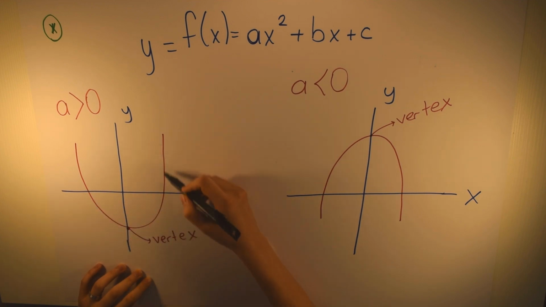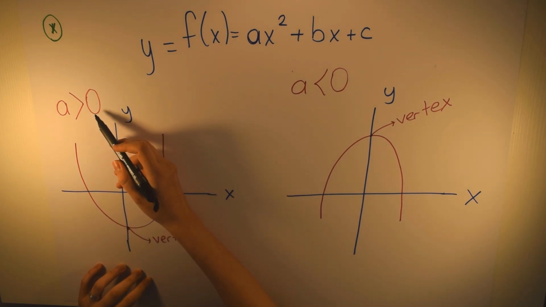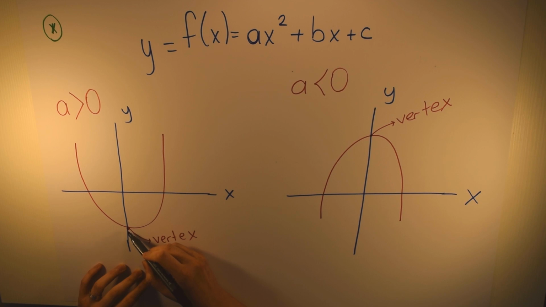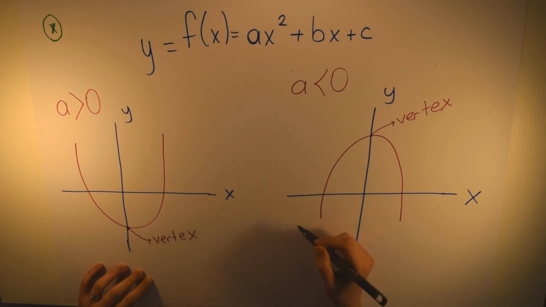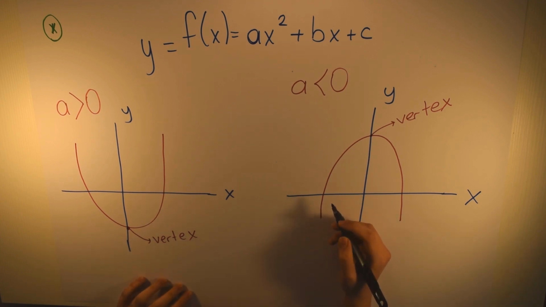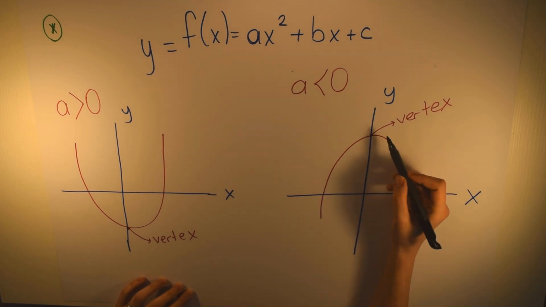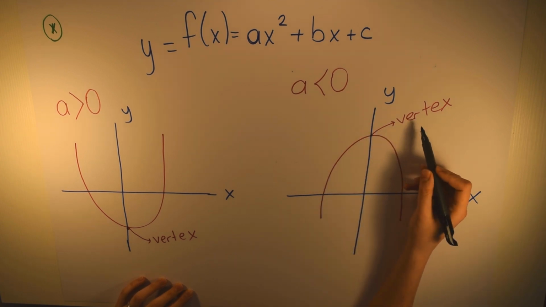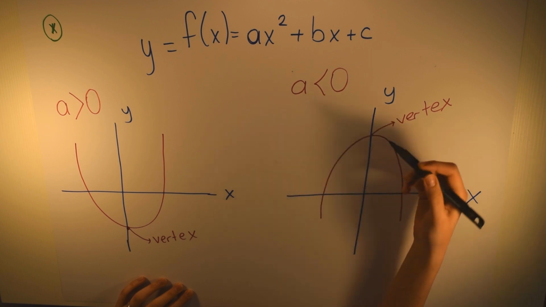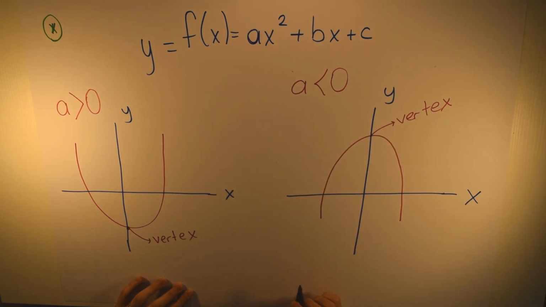As you can see here, a is greater than 0, so these vertex points will be the lowest point on this graph. And if the coefficient of the x squared term is negative, then the vertex will be the highest point on the graph. As you can see here, the vertex point is on the highest point on this graph.